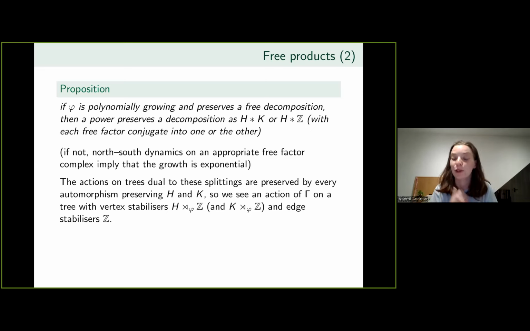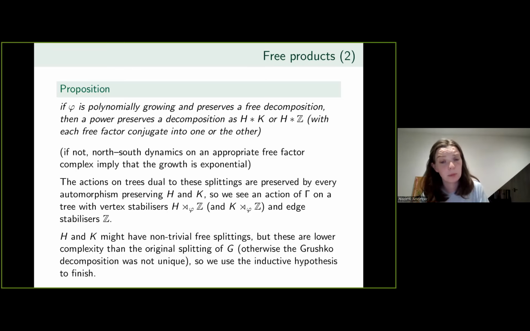I've passed to a power and I've also restricted it to a subgroup. And the edge stabilizers are going to be Z. This is a general property of how these actions change, that I'm still seeing all the stabilizers I saw before, and because I have this quotient to Z, lifting things back works nicely.